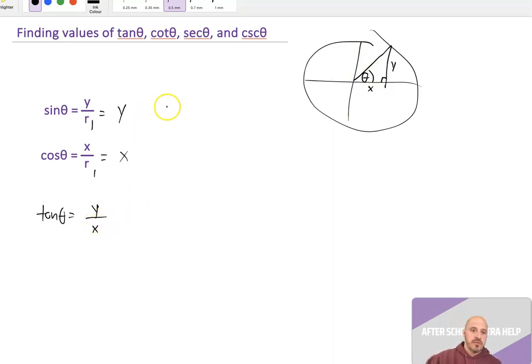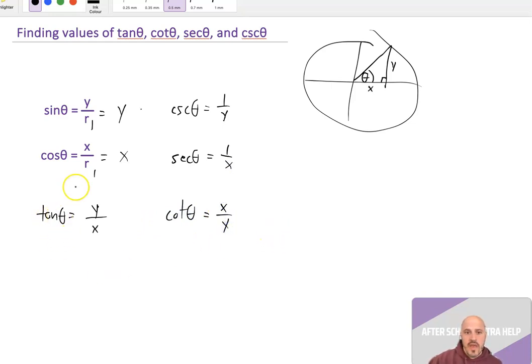And then their reciprocal functions. Sine's reciprocal function is going to be cosecant of theta, if we're talking about some angle theta. So I'm just going to flip these: 1 over y. And cosine's reciprocal function is secant of theta, so that's going to be 1 over x. And then tangent's reciprocal function is cotangent, and that's x over y.